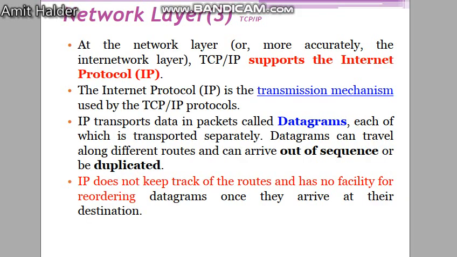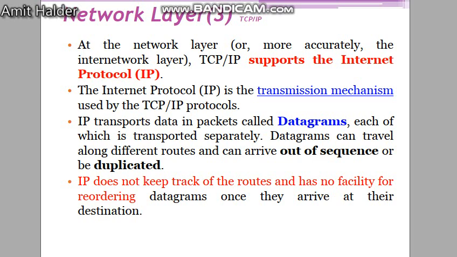And at the network layer, or more accurately the inter-network layer, TCP/IP supports the Internet Protocol. The Internet Protocol is the transmission mechanism used by the TCP/IP protocol suite. IP transports data in packets called datagrams, each of which is transported separately. Datagrams can travel along different routes and can arrive out of sequence or be duplicated.